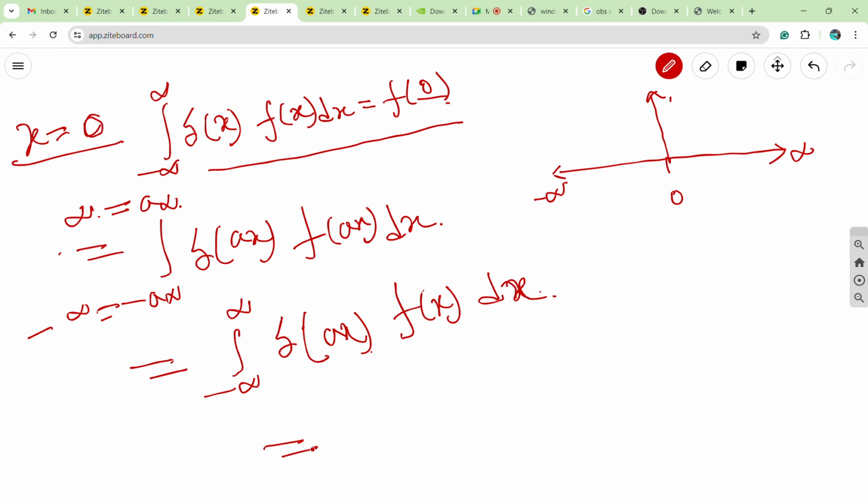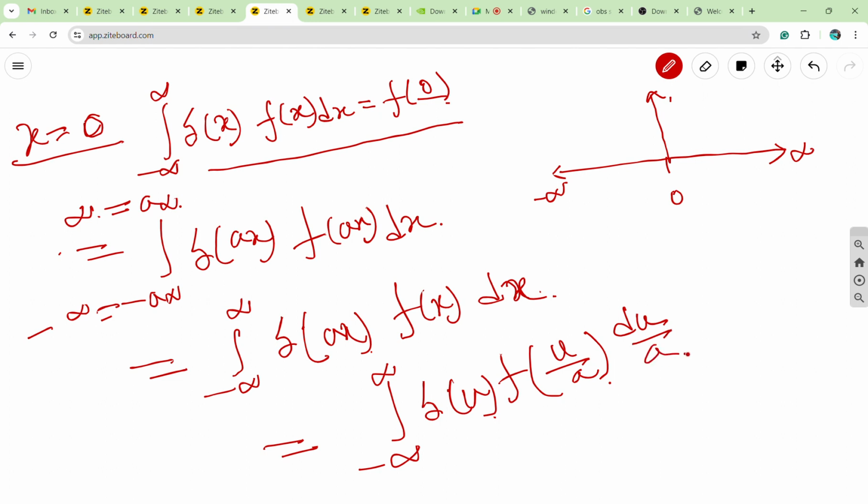Similarly, we can write the integral from minus infinite to infinite of delta of u, f of u by a, and we just change the variable at a.